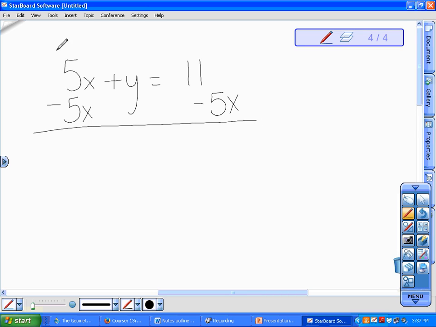That being said, these 5x's zero out, leaving y all by itself on the left-hand side. Because these are not like terms, we just are going to write them separately. I cannot subtract 11 minus 5x's because the x's are pawns and the 11 is not.